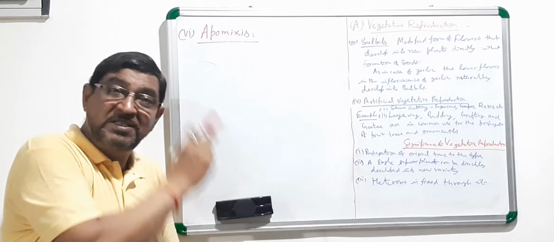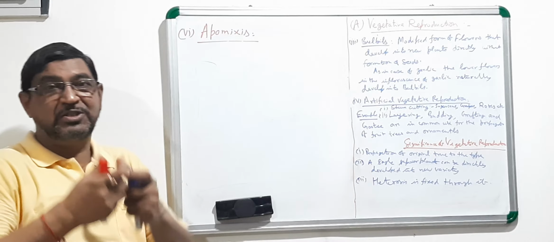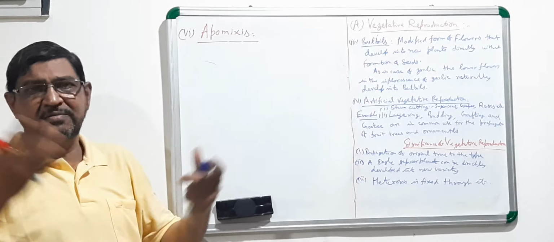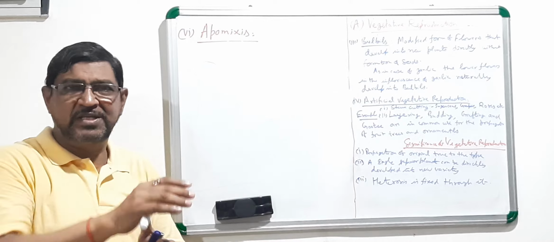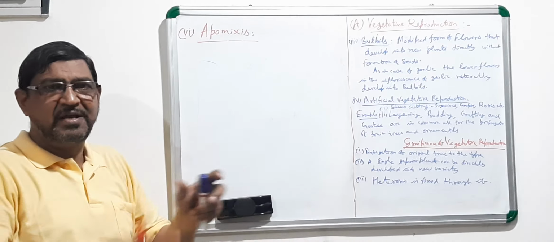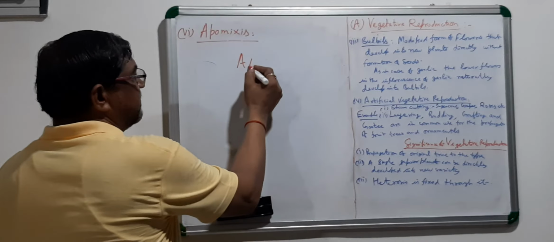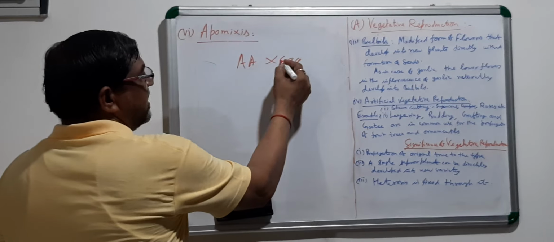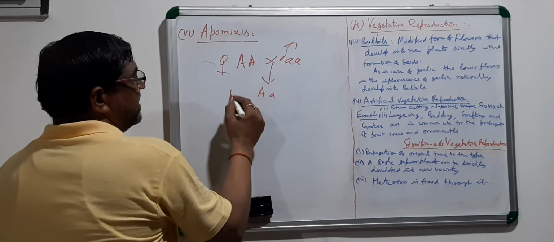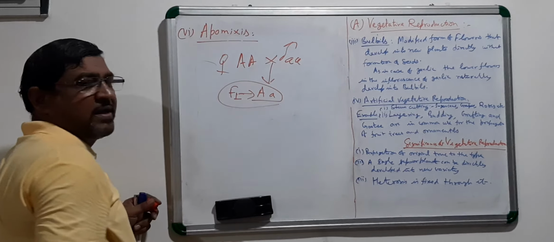So through apomixis also, if you have crossed two varieties, you have found the hybrid which is superior, giving the heterosis, you can fix the heterosis, because generation after generation, whatever seed you are getting will have the same constitution. For example, if you are crossing two varieties, capital A, small a, this is male, this is female. If you have crossed, the F1 hybrid has capital A, small a.